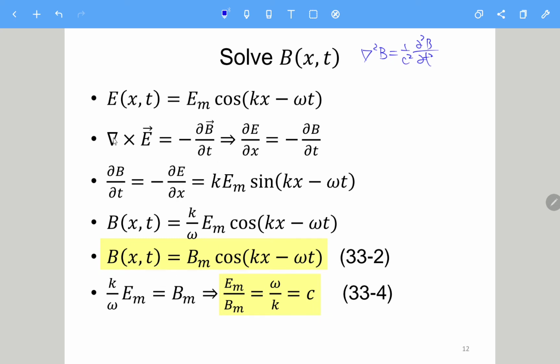Or we can make use of Faraday's law, and then we write it in one dimension. So this one is nothing but partial E partial x equals negative partial B partial t. Okay, and then we try to plug in E here. E is this one.